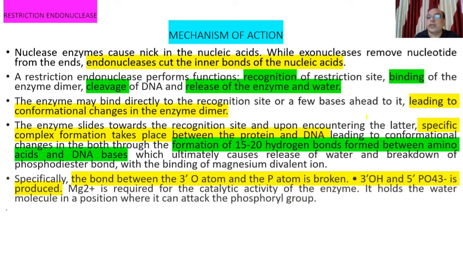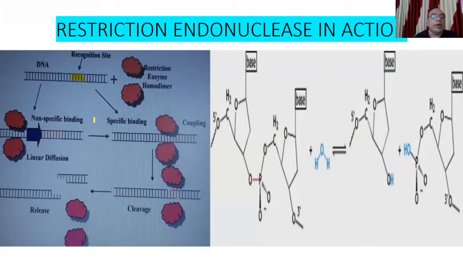Upon encountering the recognition site, a specific complex formation takes place between the protein and the DNA, leading to conformational changes. Here it has entered not at the point of recognition but ahead of it, and it is sliding towards the point of recognition.